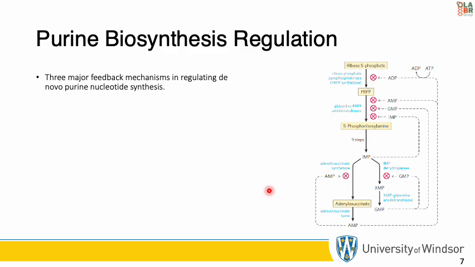And then the final control mechanism is the inhibition of PRPP synthesis by the allosteric regulation of ribose phosphate pyrophosphokinase. So this enzyme is inhibited by ADP and GDP, in addition to metabolites from other pathways for which PRPP is a starting molecule.